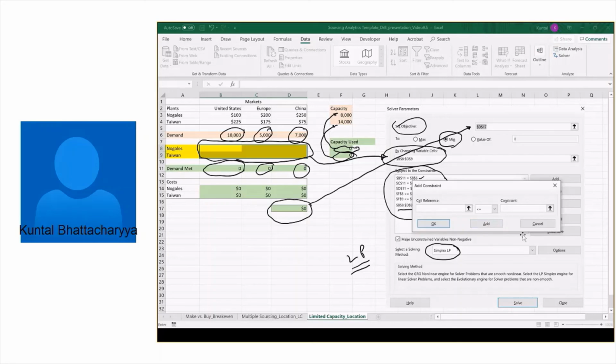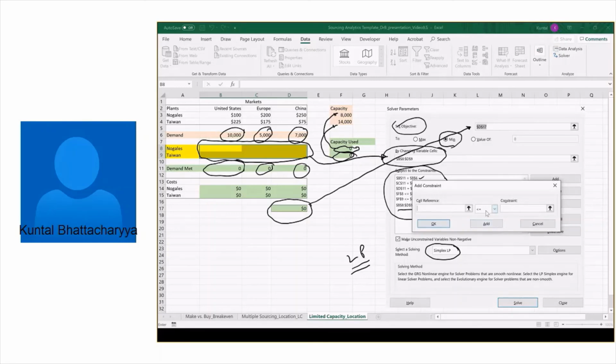Then I look into this cell B11, and I make it equal to this guy.